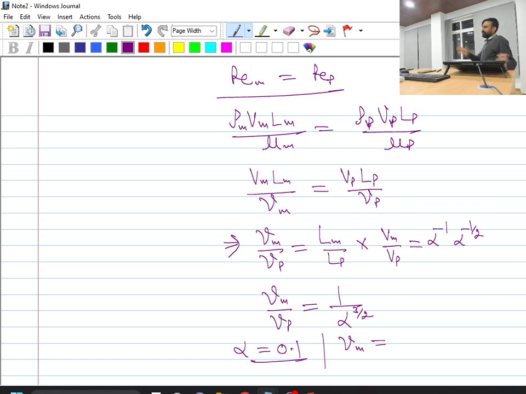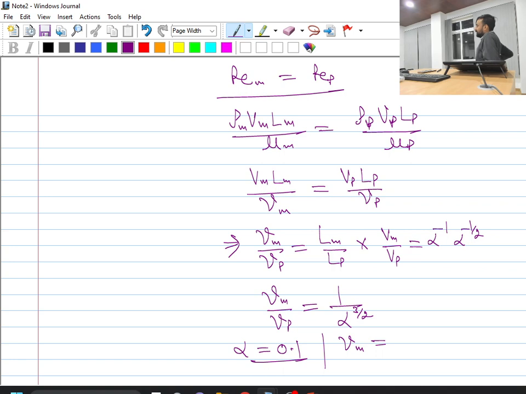Every time you scale the prototype from water, you will need some low viscosity fluid for model analysis if you have to ensure dynamic similarity. But the low viscosity liquid existing is, say, mercury. If you use mercury, it's too expensive and it's not good for health. You cannot use mercury in open space for model testing, because the vapor of mercury is not good for health.